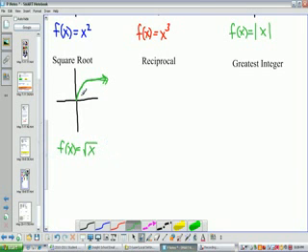For this one, the domain is all the values greater than or equal to 0. Same with the range, it's greater than or equal to 0. It has x and y-intercept again at 0. It's increasing the entire time, and it does not have any symmetry to it.